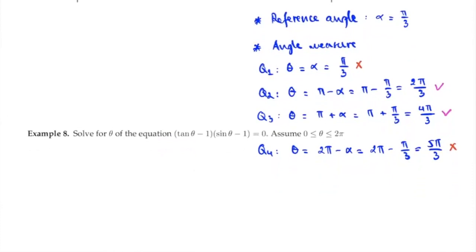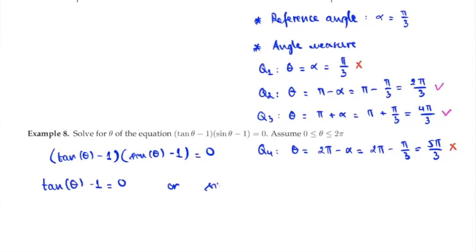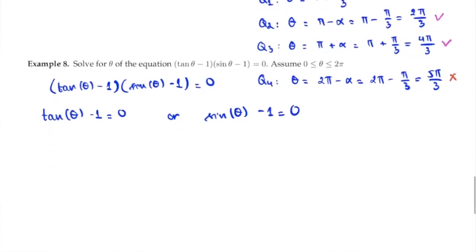And you can rewrite this so that you can solve two equations simultaneously. So one equation is tangent of theta minus 1 equal to 0, or sine of theta minus 1 equal to 0. So tangent of theta equal to 1, and sine of theta equal to 1.